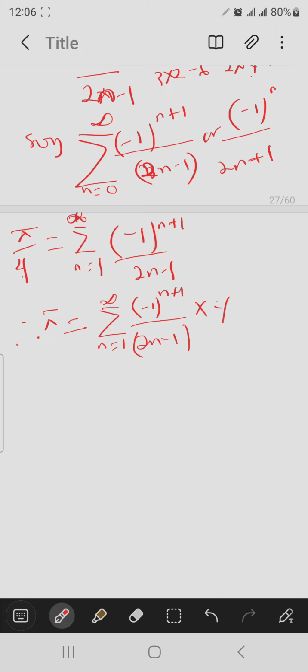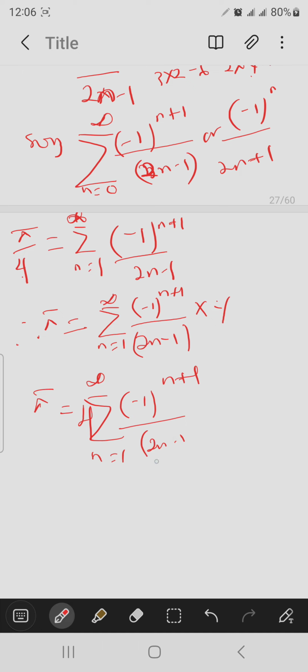So you get pi equals 4 times the summation of minus 1 to the n plus 1 over 2n minus 1. So this is going to be the answer for this.